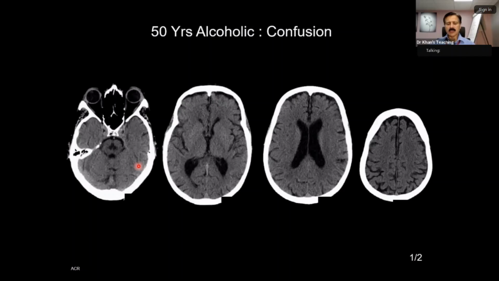But later on, we came to know that it is not just the correction of sodium. It can happen with other things like blood urea nitrogen and hyperglycemia, if you treat it too vigorously.